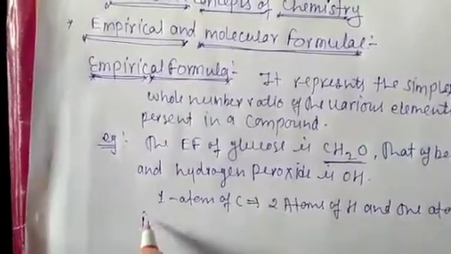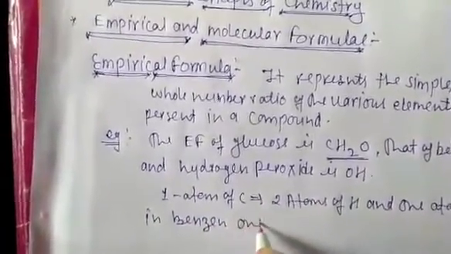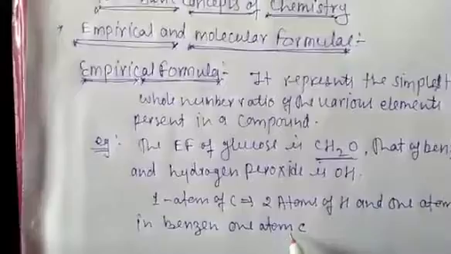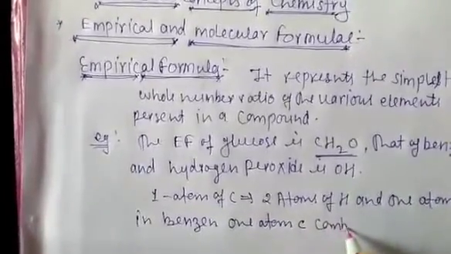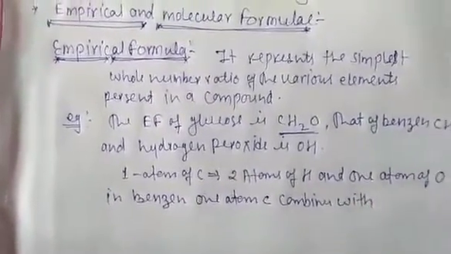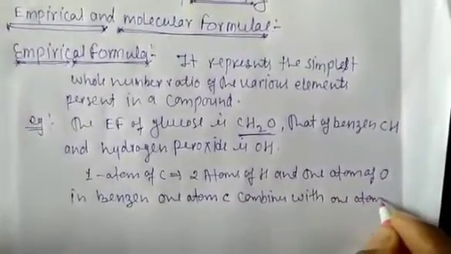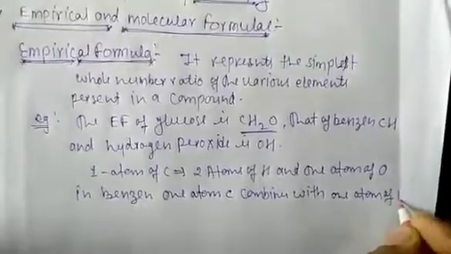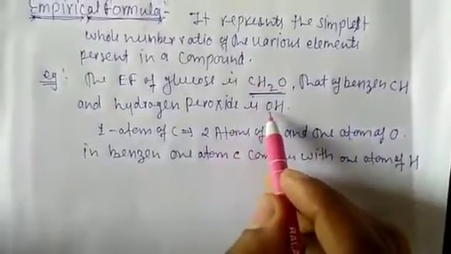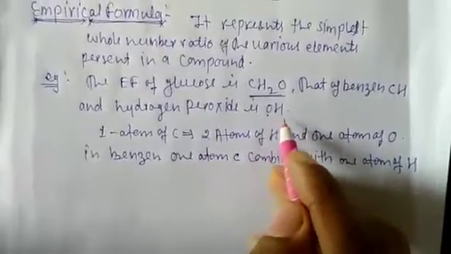And in benzene, one atom of carbon combines with one atom of hydrogen. Similarly, in peroxide, one atom of oxygen combines with one atom of hydrogen.